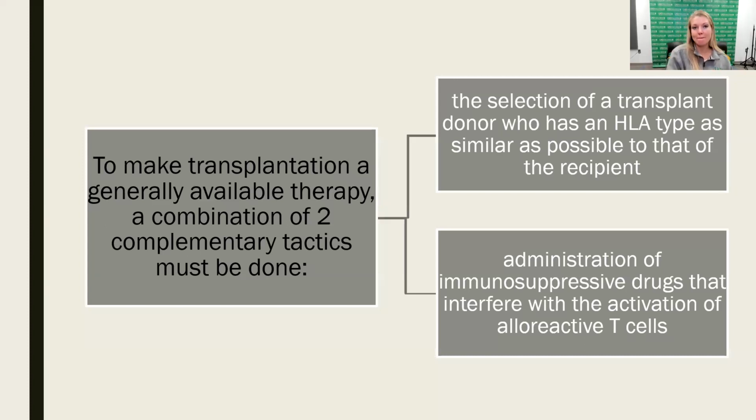First of all, picking a graft that is going to be quite compatible with the recipient is the number one priority. After that graft has been put into the recipient, the second approach is to prevent the recipient from mounting an immune response by using drugs that interfere with T cell activation.